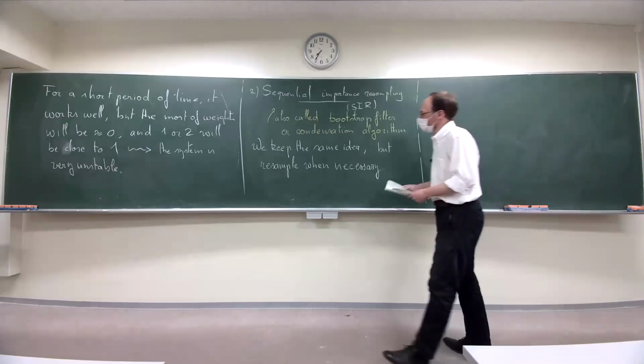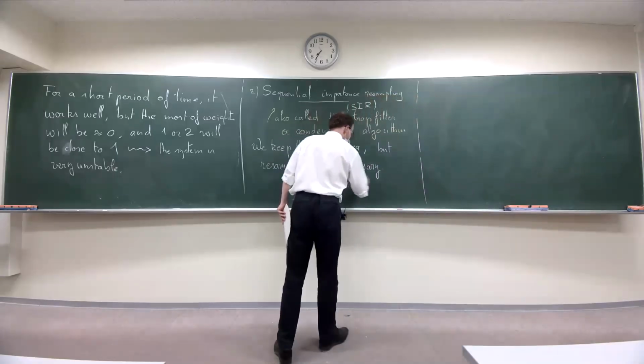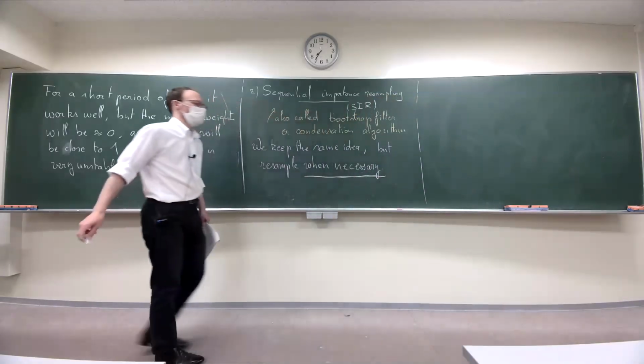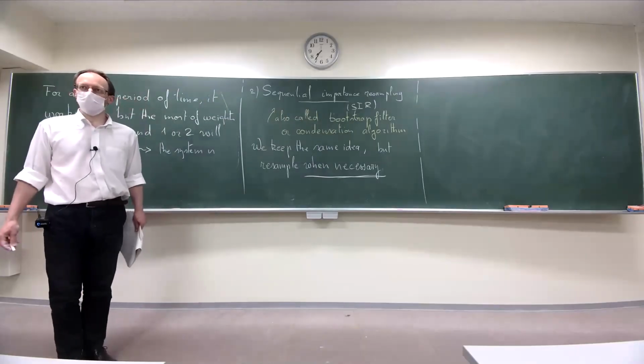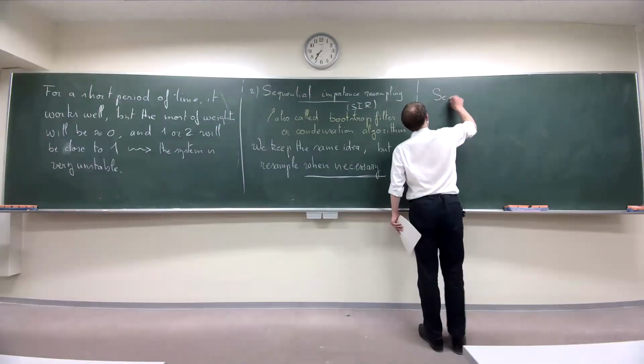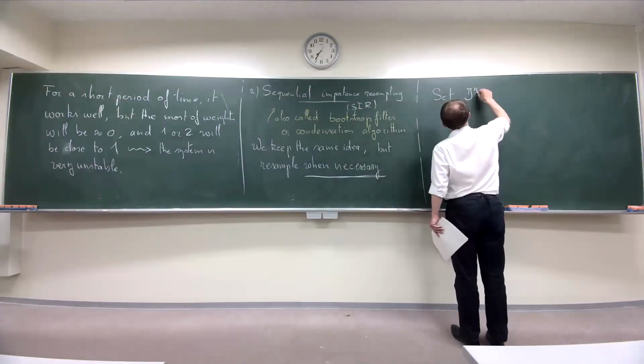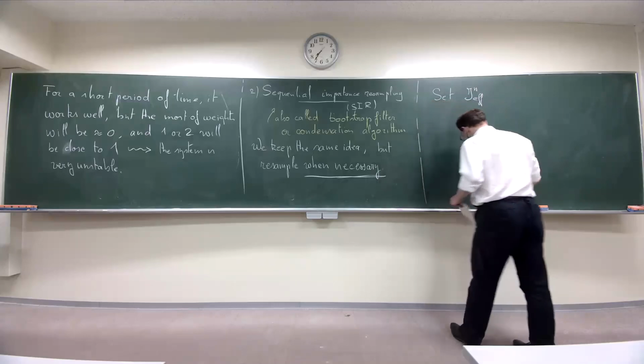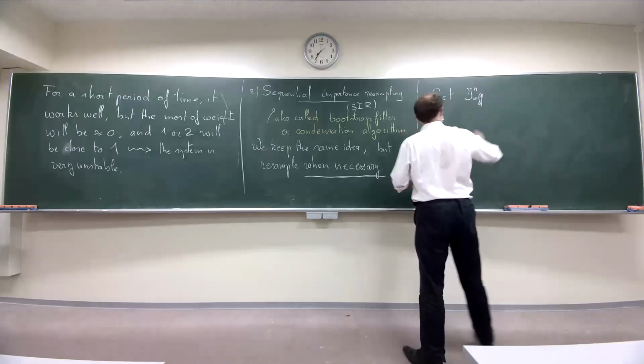I need to define a way to measure this when necessary. So I'm going to define J_eff, and this is for effective.